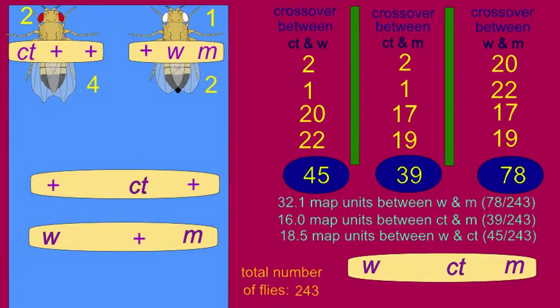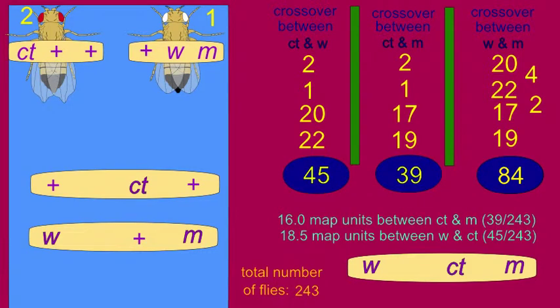If these 6 crossover events, 4 for the 2 cut flies and 2 for the 1 white miniature fly, are then added to the column of crossovers between white and miniature, our former total of 78 is increased to 84, and this increases our map units to 34.6, very close to the sum of the 2 map units determined by the smaller values. And so when we include the double crossover events, the distance between genes becomes more accurate.